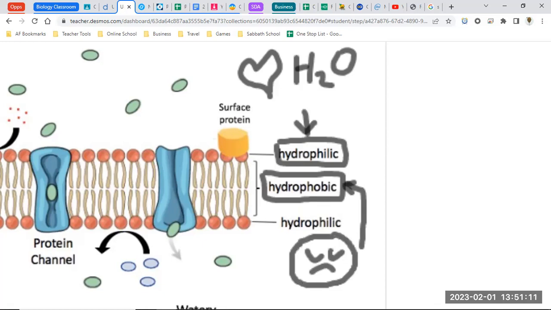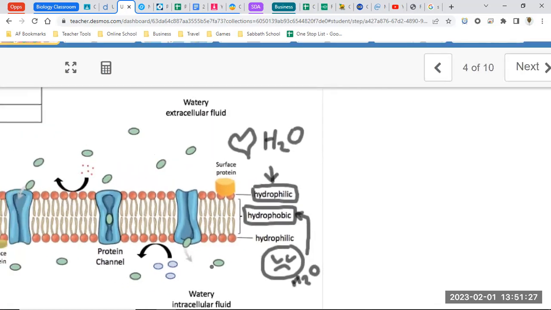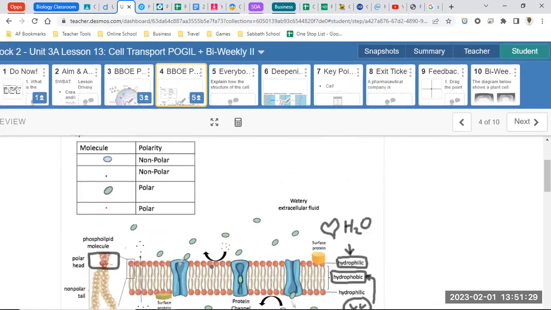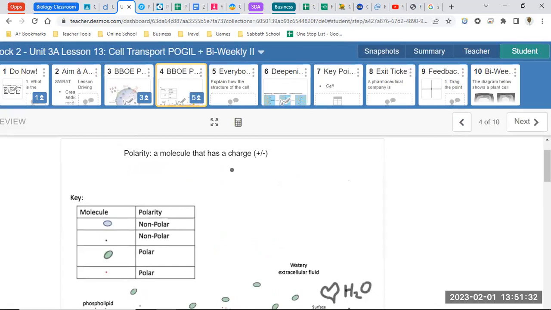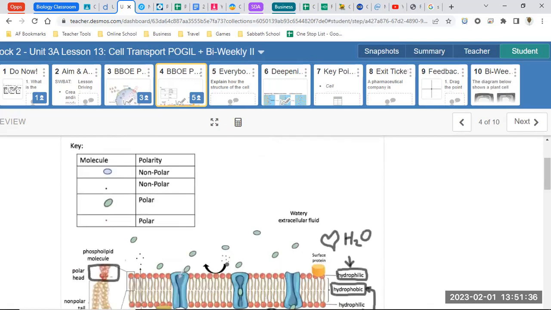I don't like water. Okay. Hydrophilic, like water. Hydrophobic, don't like water. Okay. So far, we know polarity means that it has a positive or a negative charge.